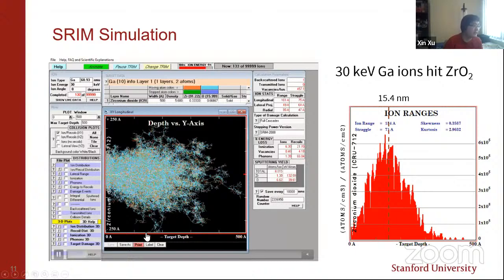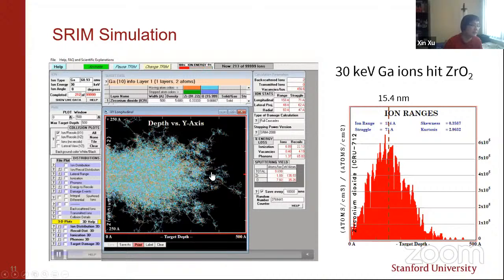You can see the x-axis, 15 nanometers. The 30 kV beam can easily penetrate into the zirconia ceramic up to around 20 nanometers.